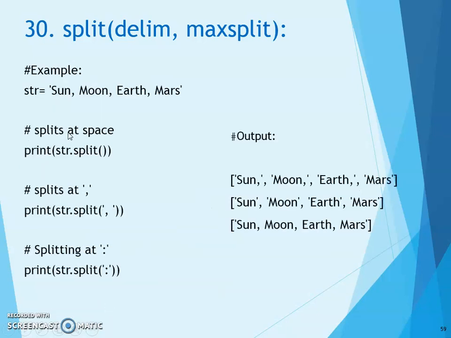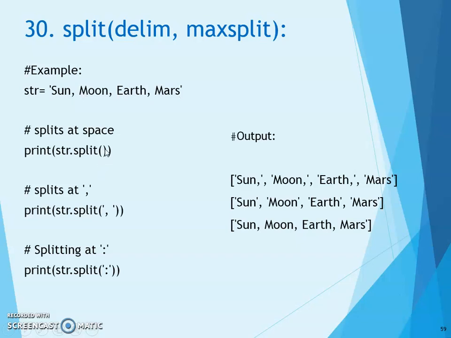So we'll see the example. Here in the string, 4 words are stored and we want to split this. As we want to split it by using a space bar, here nothing is mentioned, so it will be split according to the spaces.